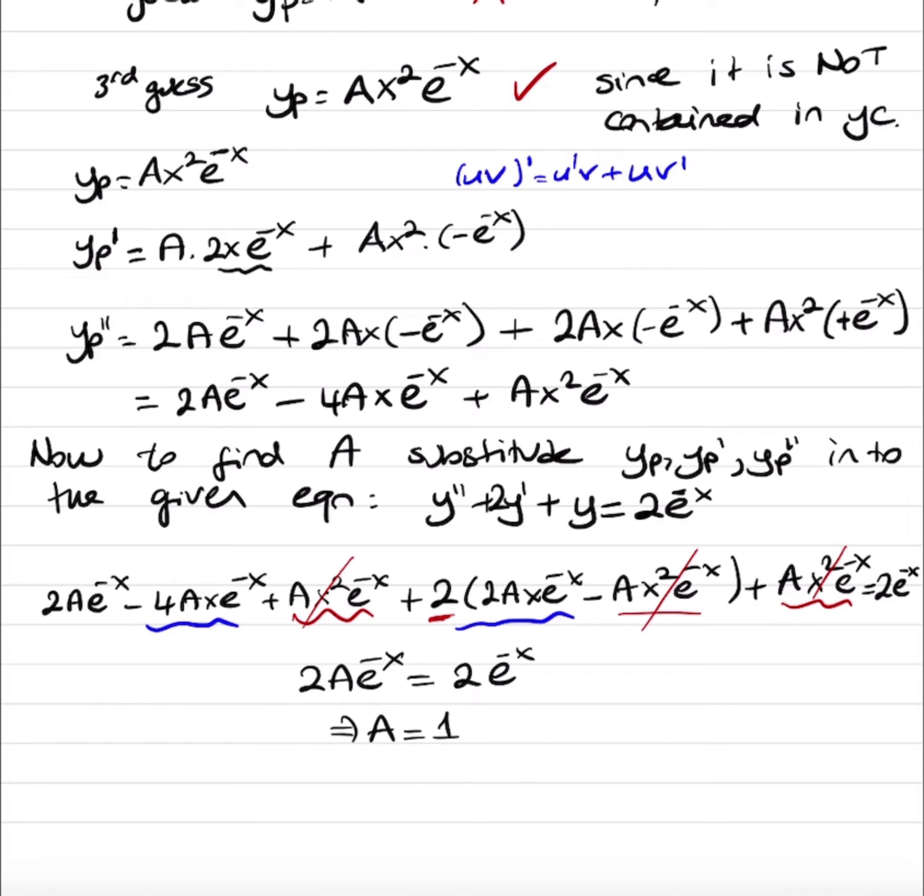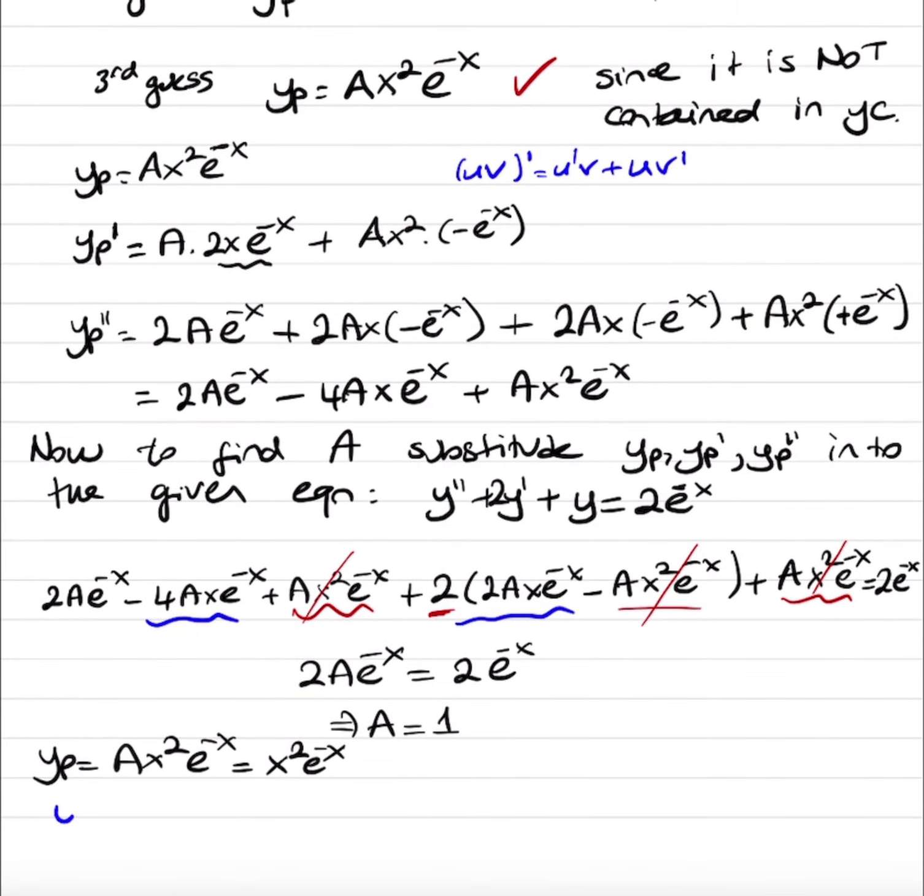Then what is y particular? y particular was a x squared e to the power minus x, so this is x squared e to the power minus x. Then what is the general solution? y general is y complementary plus y particular.